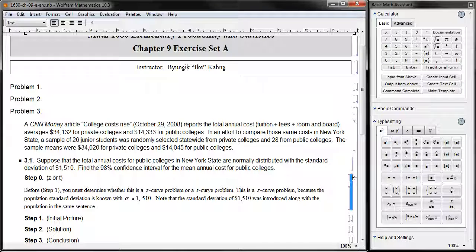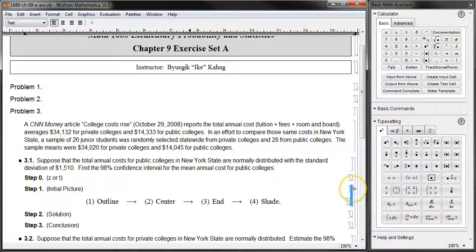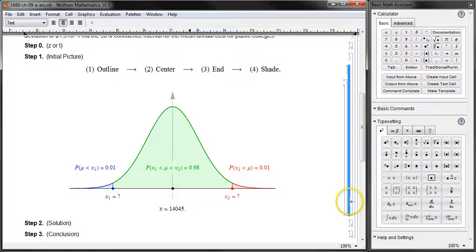It came with the same sentence as population. That's why it is sigma. Okay, initial picture. Now this is z-curve, and then we have 98% in the middle, 1% there, 1% there, and we are looking for endpoints.